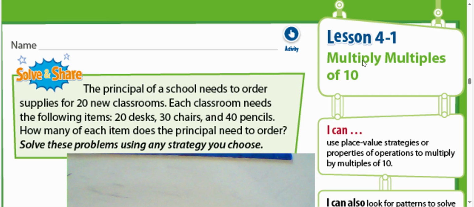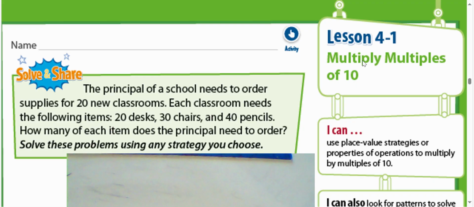In this lesson, you must know how to use place value strategy or properties of operations to multiply by multiples of 10. The principal of the school needs to order supplies for 20 new classrooms. Each classroom needs the following items: 20 desks, 30 chairs, and 40 pencils. How many of each item does the principal need to order?